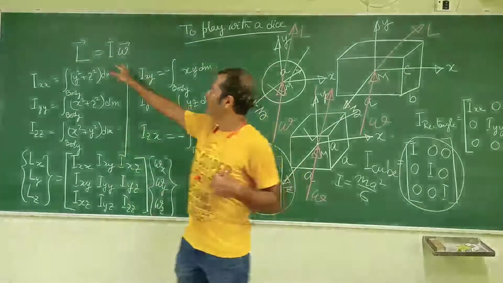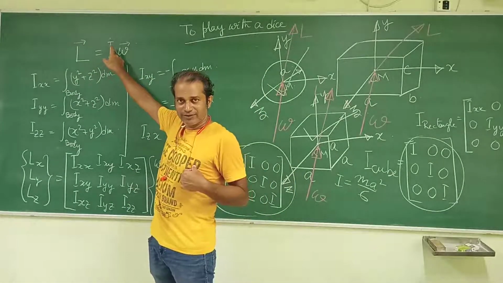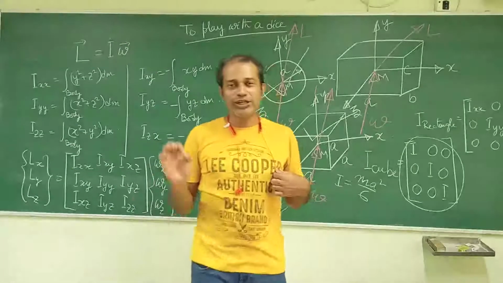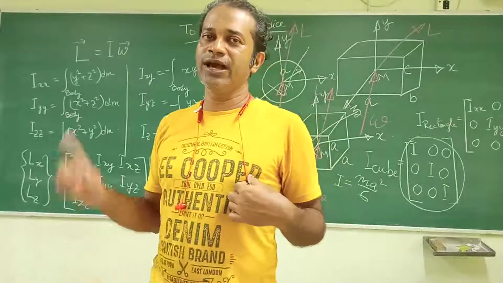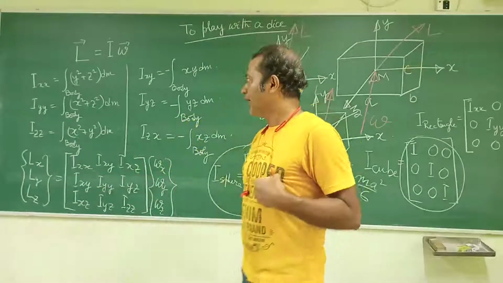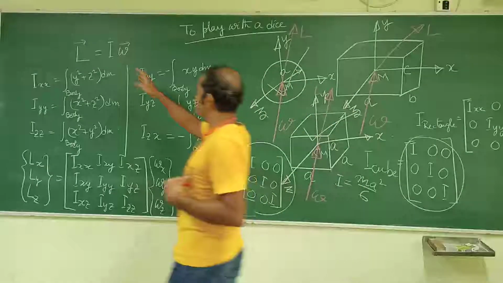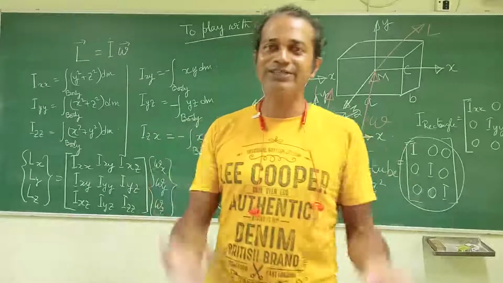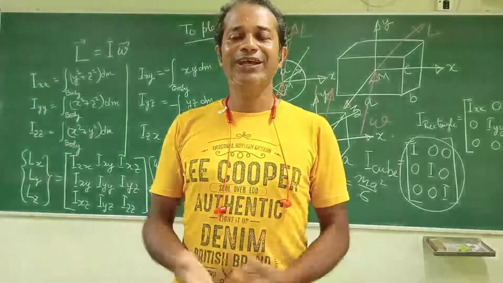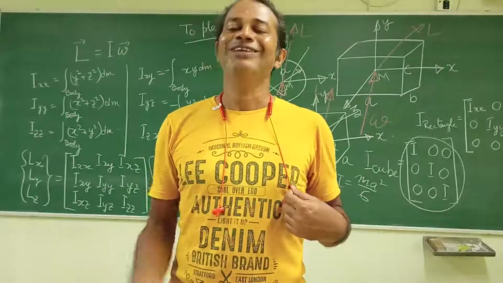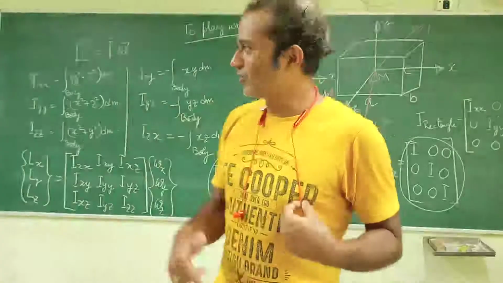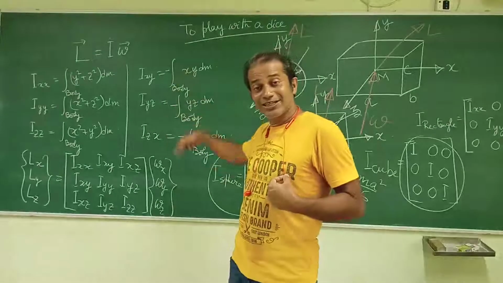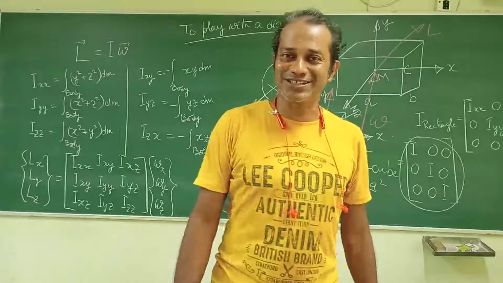In this case, the inertia tensor is transforming angular velocity to angular momentum. To understand what a tensor is, we gave the example of hydrostatic pressure, then dynamical pressure, after that mass, and after that inertia, and now comes magnetic susceptibility.